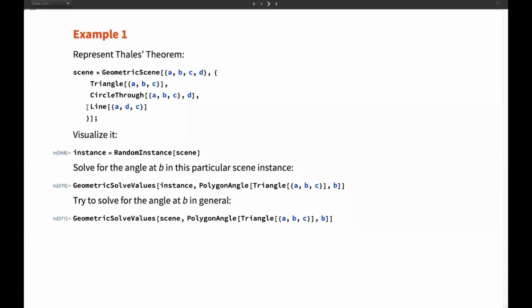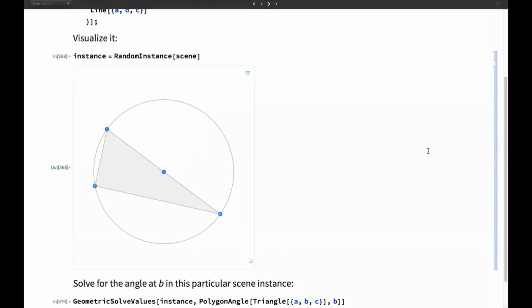And we specify that one side of that triangle is a diameter of that circle. We can use our function RandomInstance to visualize Thales' theorem. Here we've got our circle going through the vertices of the triangle, and one side of the triangle goes to the center of the circle.